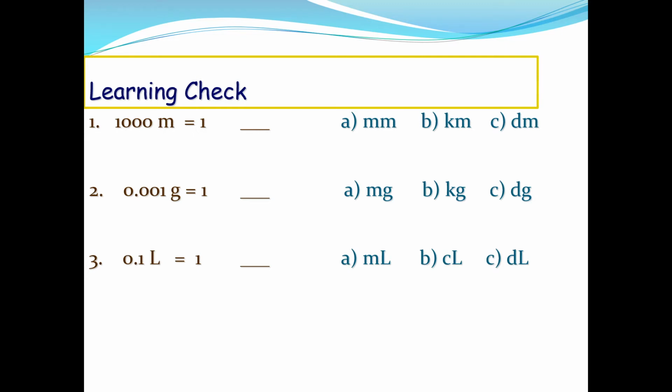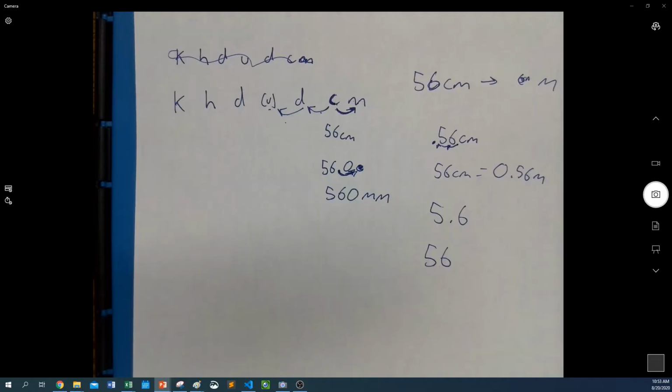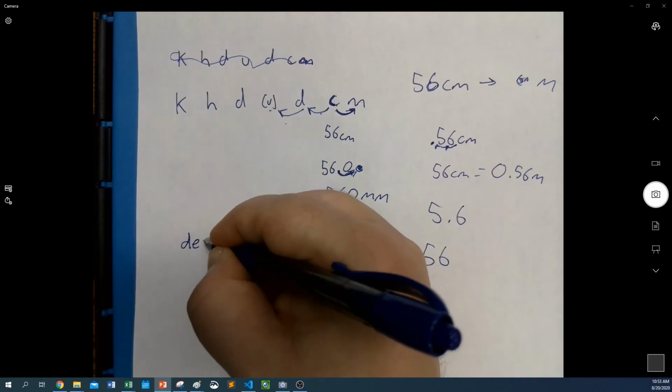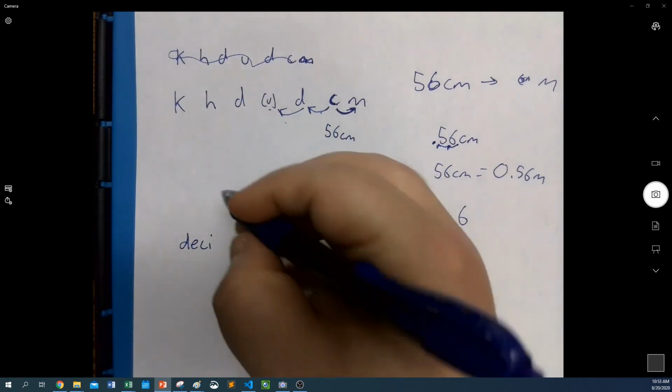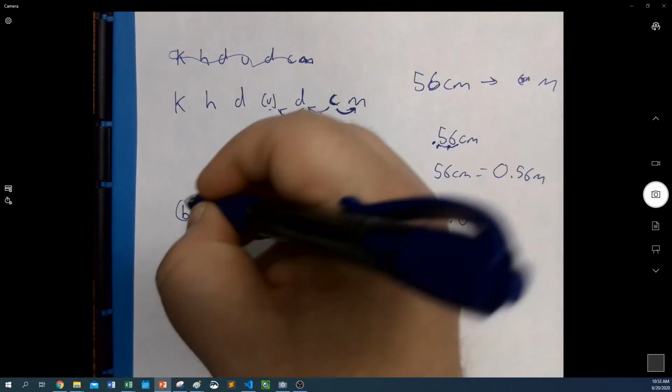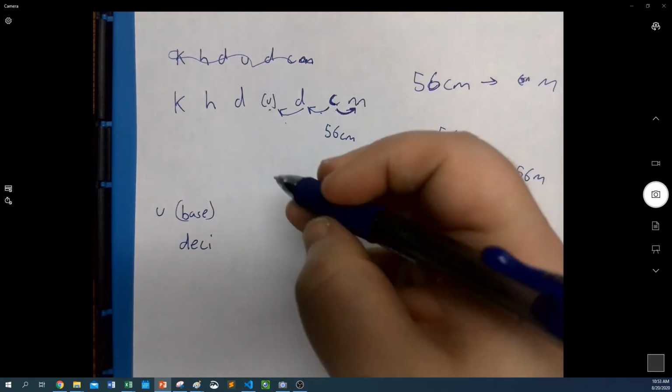Deciliter. By the way, it's deci. So this is your base or your U. They use the letter U for unit.